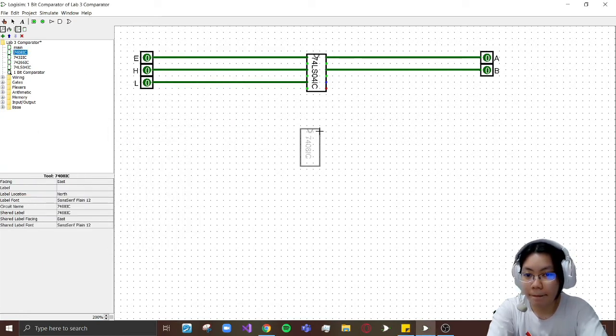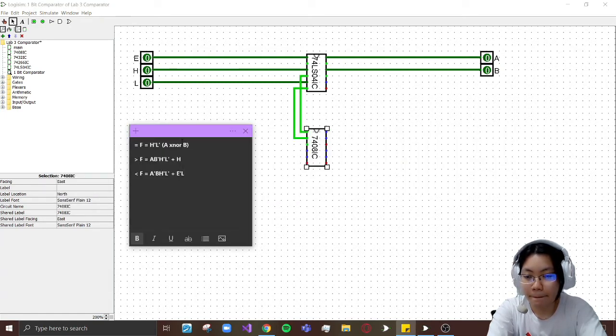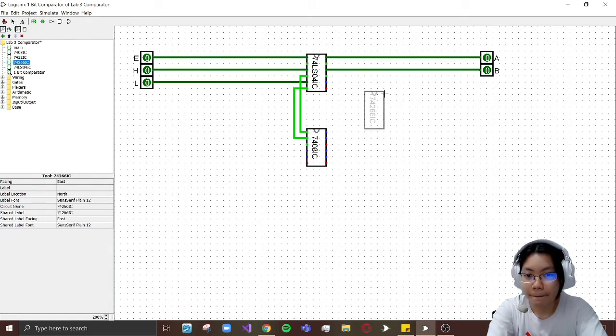Tapos sinignan ko yung unang min term para sa equal output yon. And then, yan, kinonect ko na. Kasi sabi, inverted high signal tsaka low. Naka-AND to each other. So, naglagay ako ng AND IC.